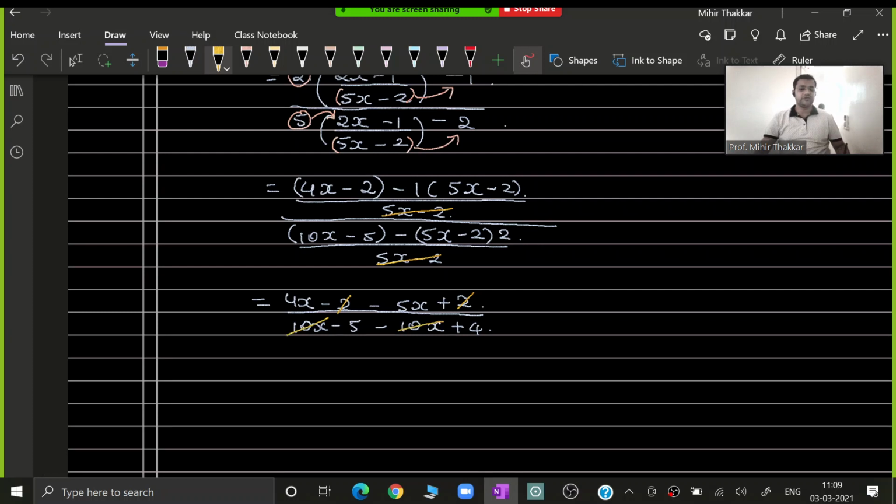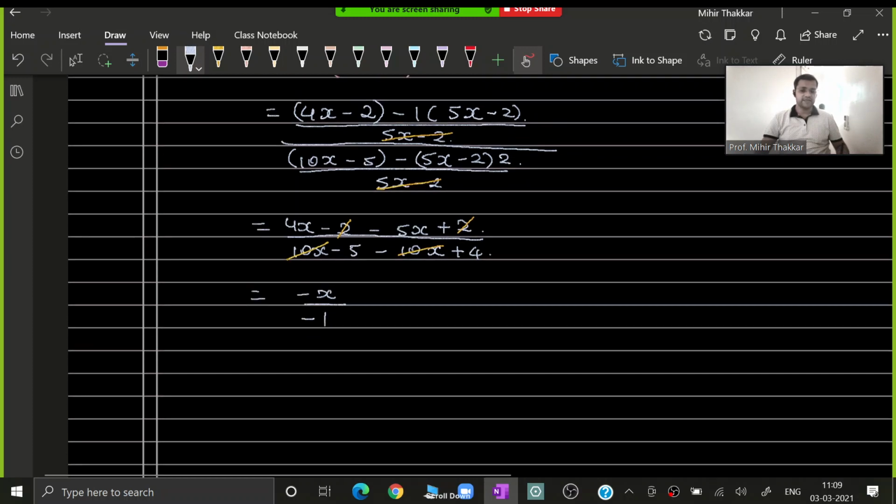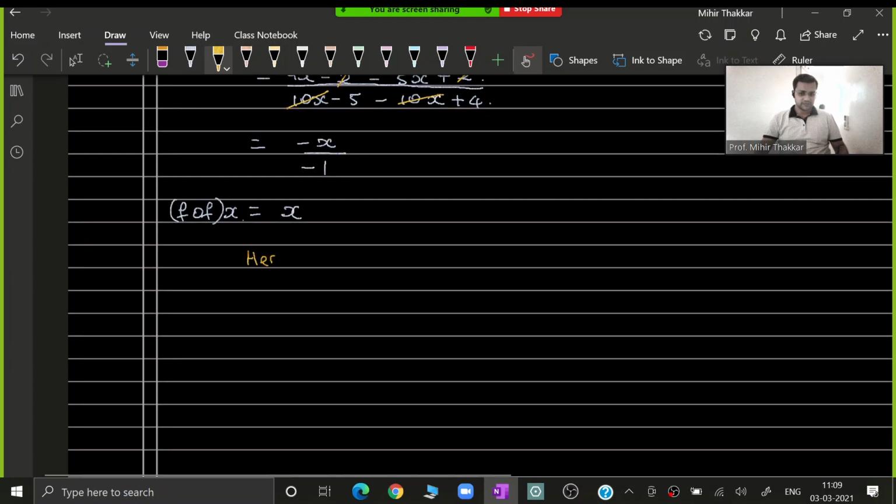Positive 10x, negative 10x get cancelled in the denominator. So 4x minus 5x is equal to negative x, and minus 5 plus 4 is equal to negative 1. Obviously, minus and minus will go away. So you will get this is equal to x itself. So it has been verified that f of f(x) is equal to x. So I will write over here: hence, verified.